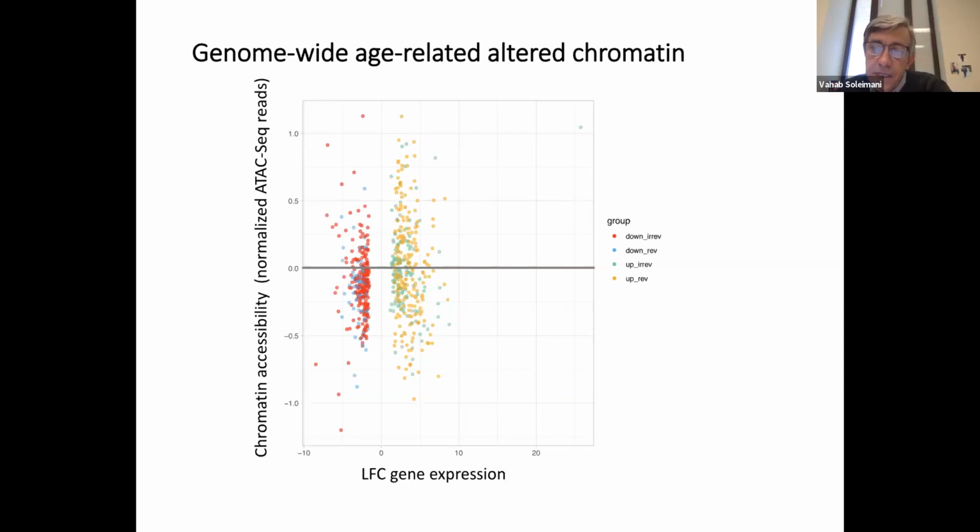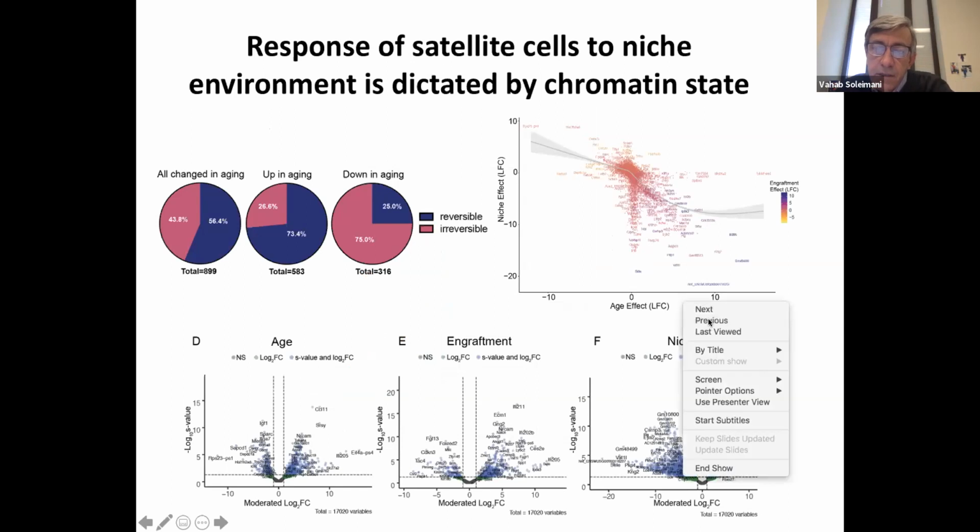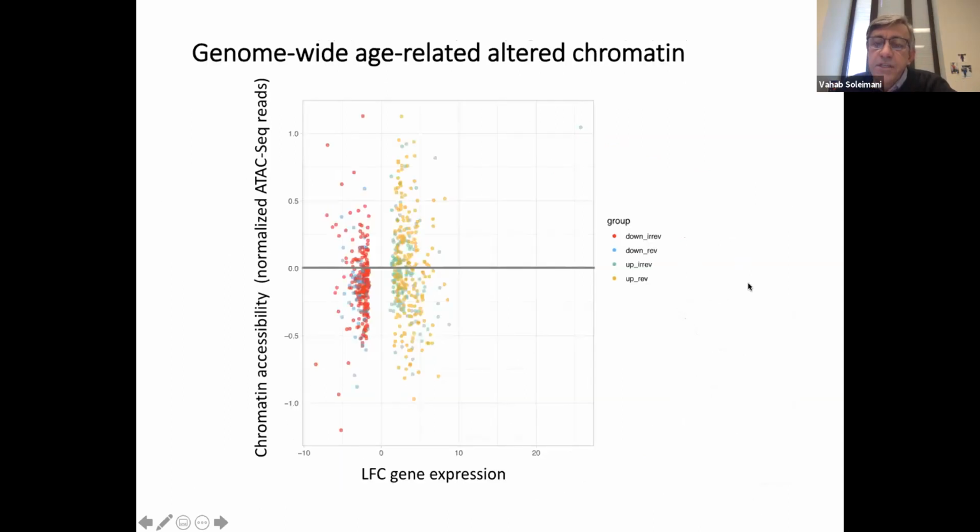So then you will have these categories. Genes that are down but irreversible, these red dots. Genes that are down but reversible by exposure to the niche. And these green dots, genes that are up irreversible and genes that are up reversible. So we can actually divide our genes from young to old and engraftment into these four categories.